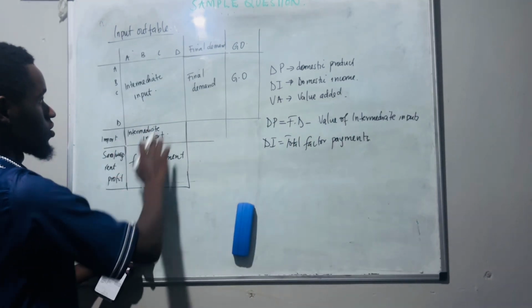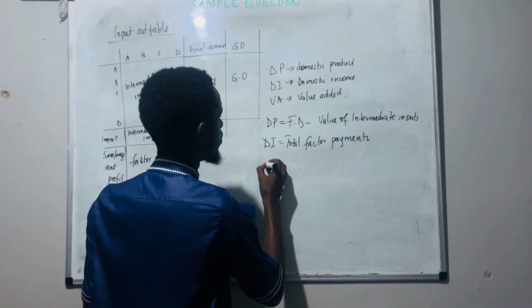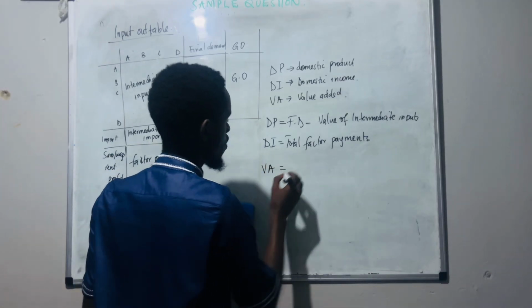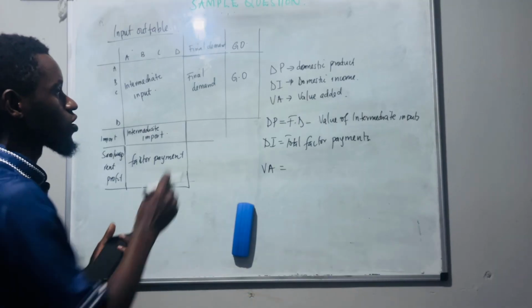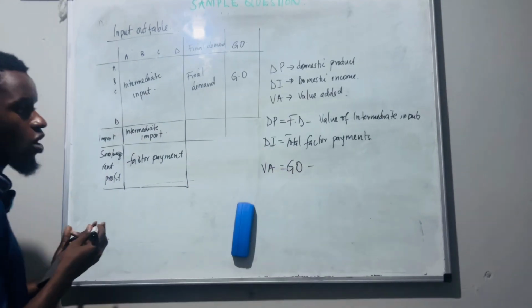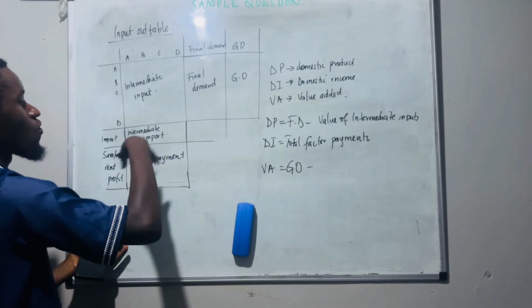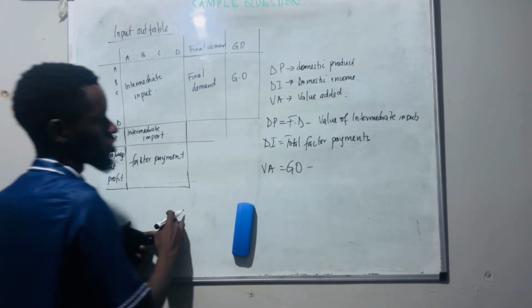Just from this table, likewise, for the value added it is simple. We just need the gross output minus the value of intermediate consumption.